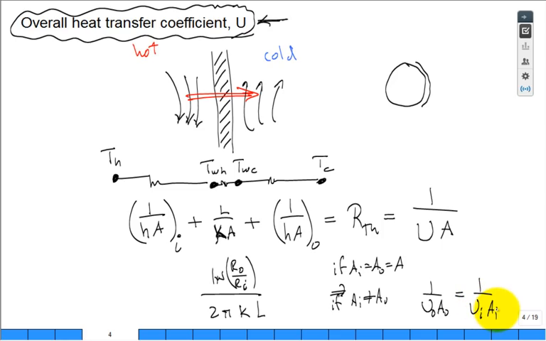The overall heat transfer coefficient depends on which area you picked to go with. It's not that complicated, hopefully, but that can be a source of confusion to students. So just pay attention: if they give you some size and an overall heat transfer coefficient, those are usually paired together. Very rare that they wouldn't.